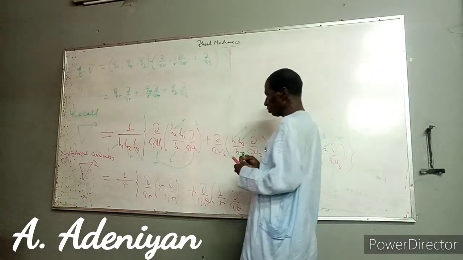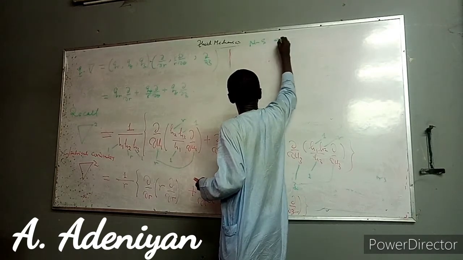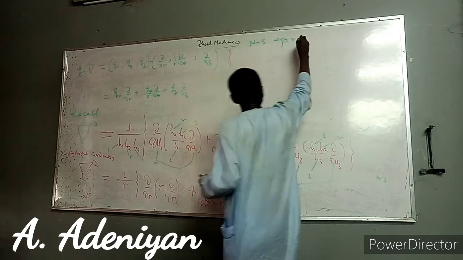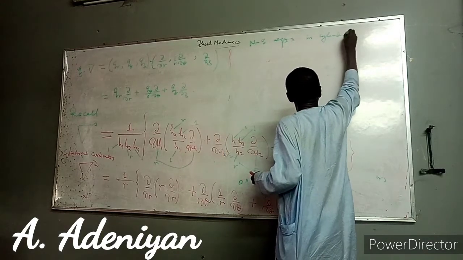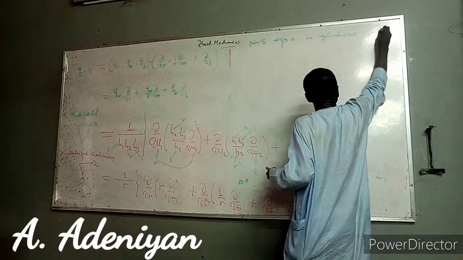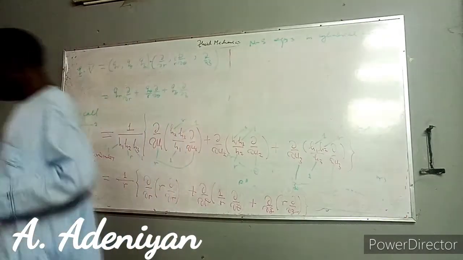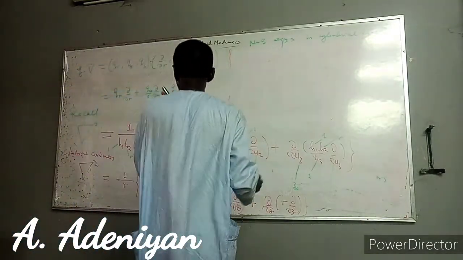Our NS equation in cylindrical coordinates now will be what? In cylindrical coordinates, this now will be the vector form.